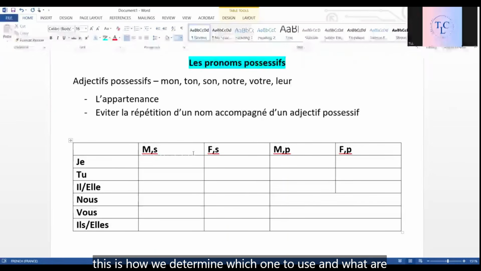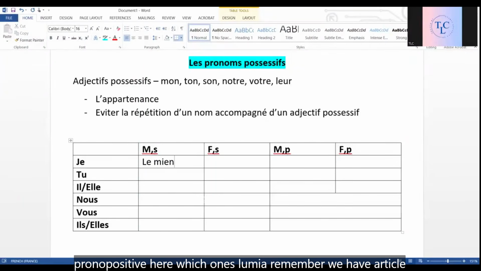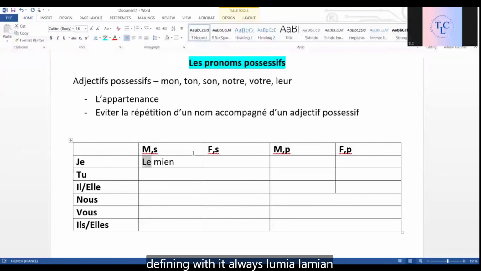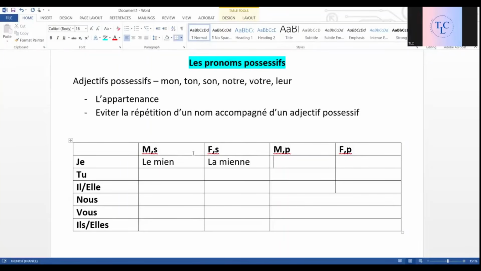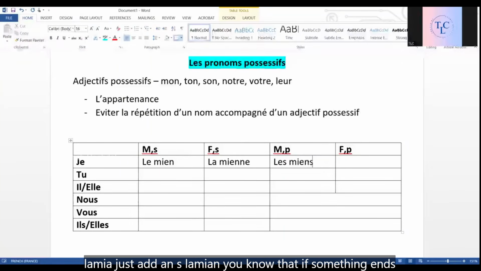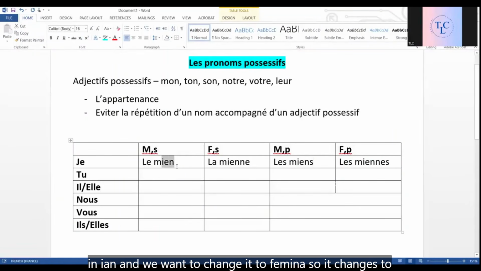And what are the pronoms possessifs here? Le mien. Remember, we always have the article défini with it. Le mien, la mienne, les miens, just add an S, les miennes. You know that if something ends in -ien and we want to change it to feminine, it changes to -enne. It's the same thing here.